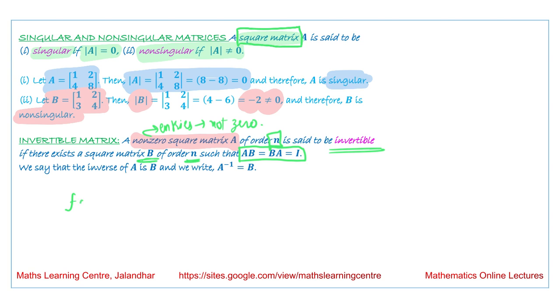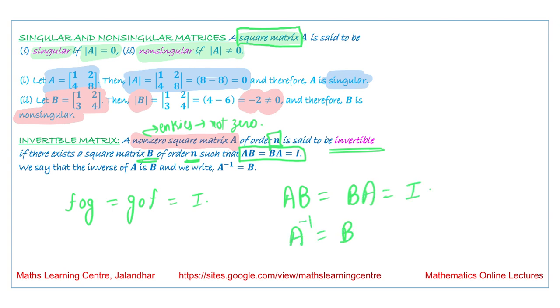Over there we were saying FOG is equal to GOF, which is equal to the identity map. Similarly, now here we are saying A into B is equal to B into A is equal to I. Then we can write that A inverse is equal to B, that is, B is the inverse of A, or A is the inverse of B. So for any matrix A, if we can find another matrix B for which AB is equal to BA is equal to I, then we say that the matrix A is an invertible matrix. Invertible means we can find the inverse of that particular matrix.